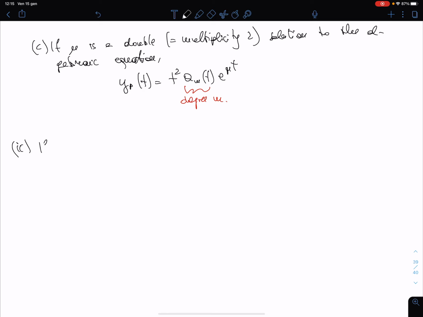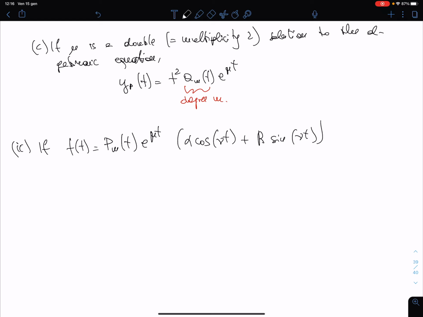If f of t is equal to pm of t e to the power mu t, times alpha cosine nu t plus beta sine nu t, for some alpha, beta real, then again there are some cases.